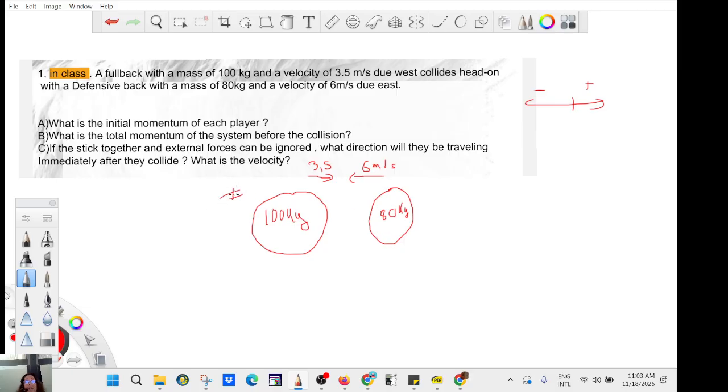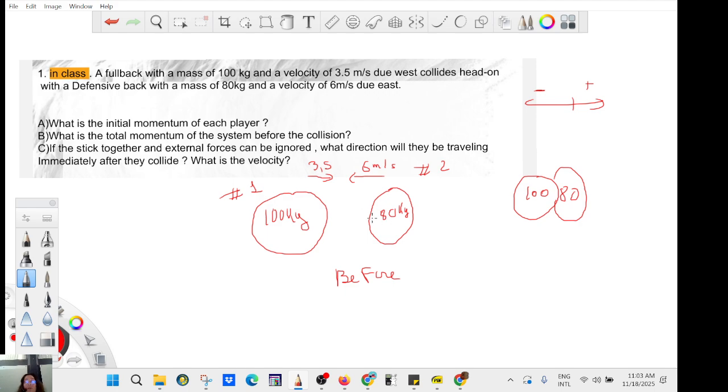Okay, I'm going to call that number 1 and number 2. That's before, and after they stick to each other. Let's say we don't know which way it's going, although we know, because that will be 350 and that's 480, isn't it?